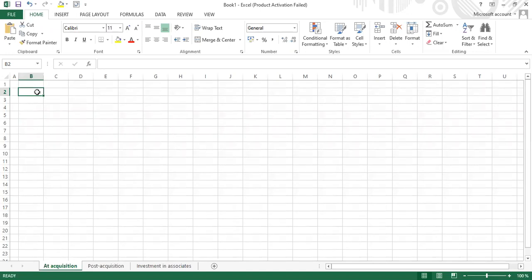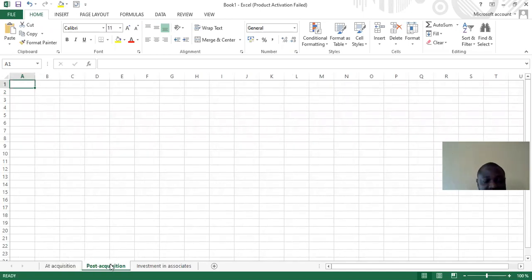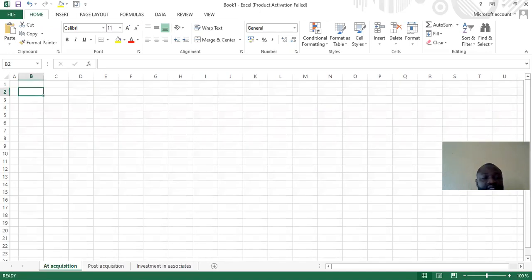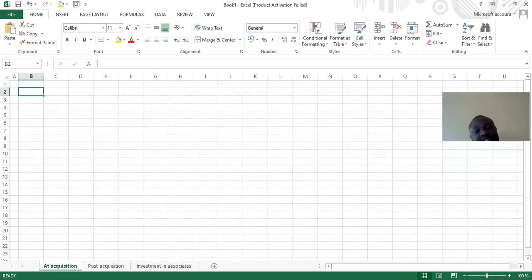So on the date of acquisition, how does the accounting affect the income statement? At post-acquisition, how does the accounting affect the income statement? When you have investment in associates as well, how does it affect the income statement? We'll be looking at it one by one. So we start with what happens at acquisition.